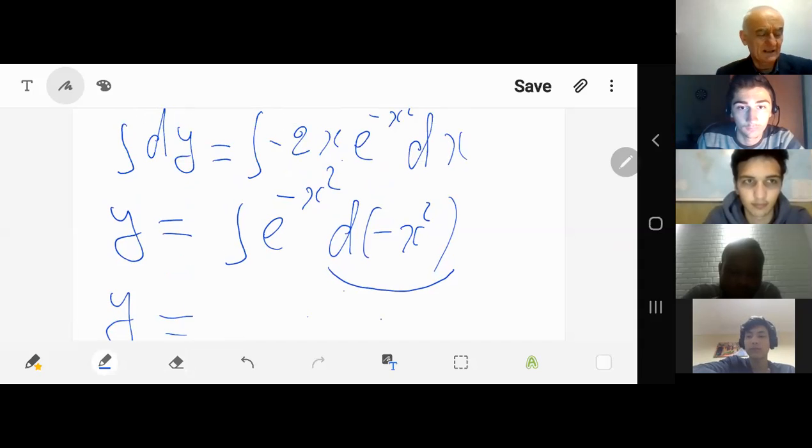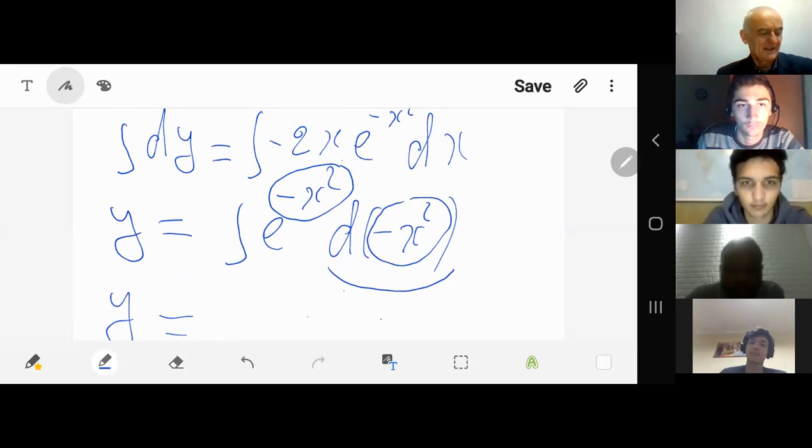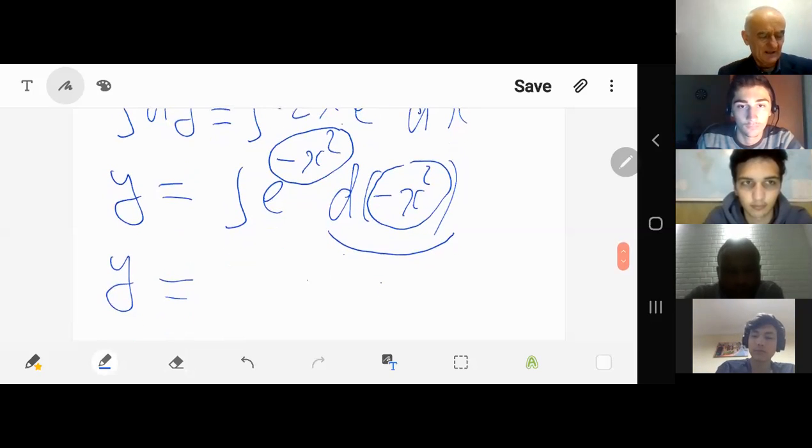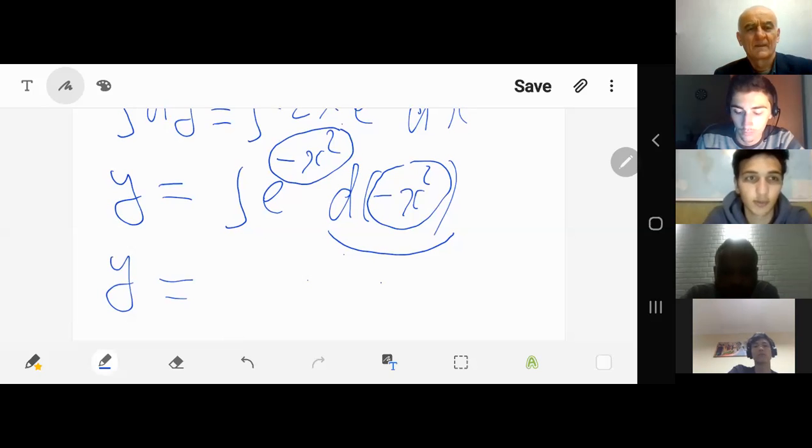In the basic integral I don't have minus x squared here, but we can imagine it as t, for instance, or z. What is the integral of e to power t dt? T squared divided by 2?